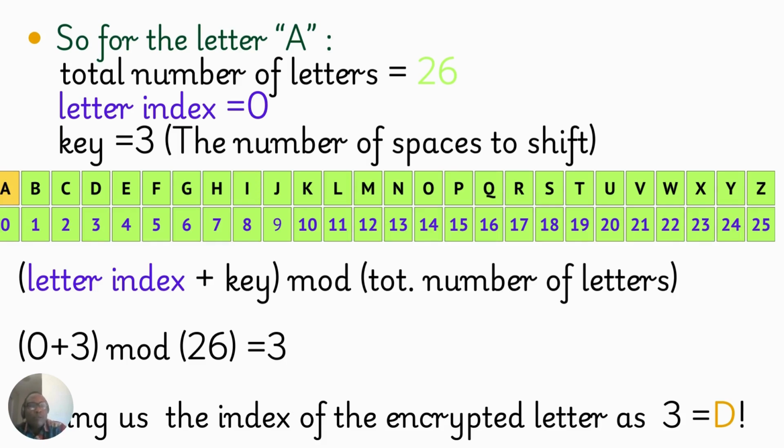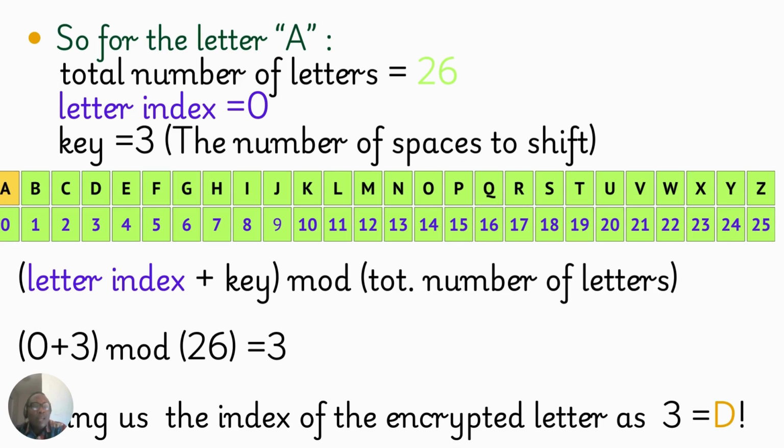So, take for example, now we want to encode the letter A. The total number of letters is 26. The letter index is 0. And the key, that is the number of spaces to shift, is 3. So using the formula we showed you in the previous slide, we know that our letter index of letter A, as you can see on the screen, is 0, and our key, as stated on the slide, is 3.